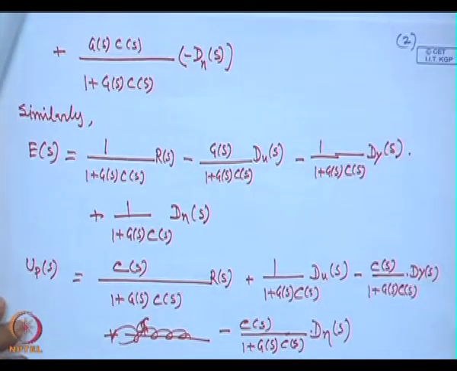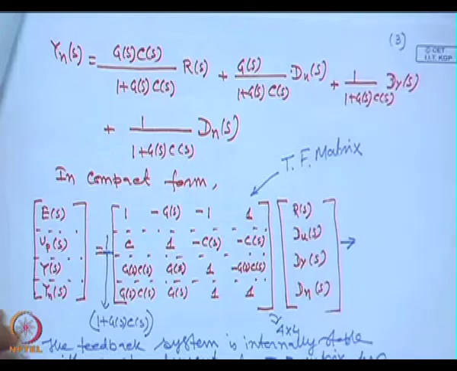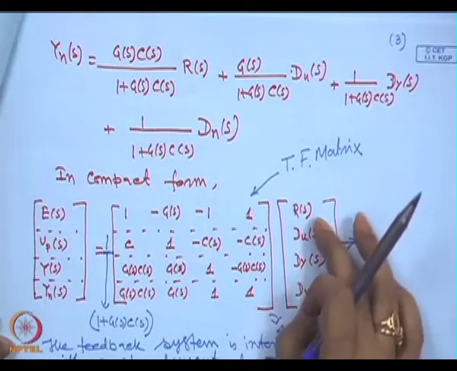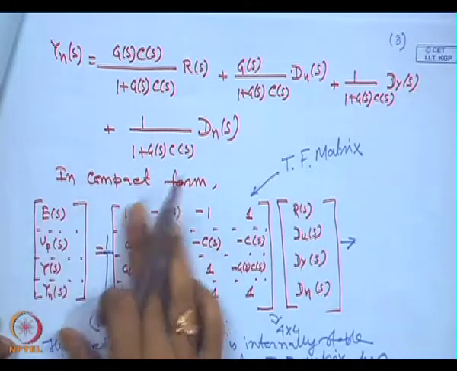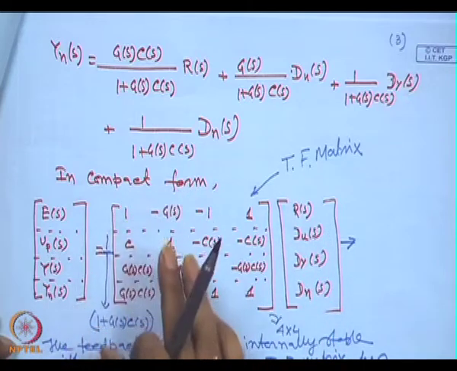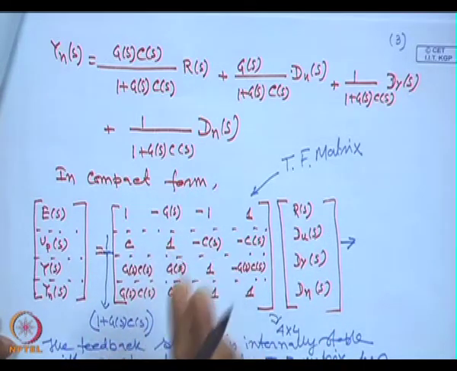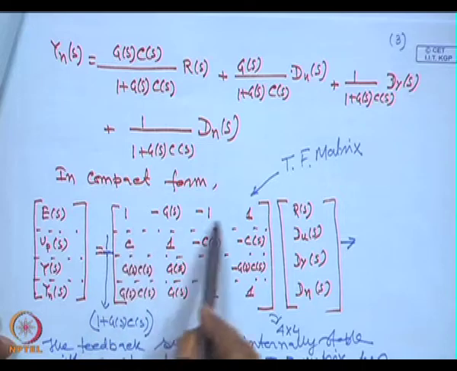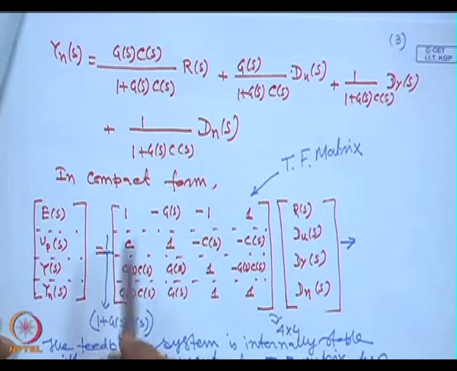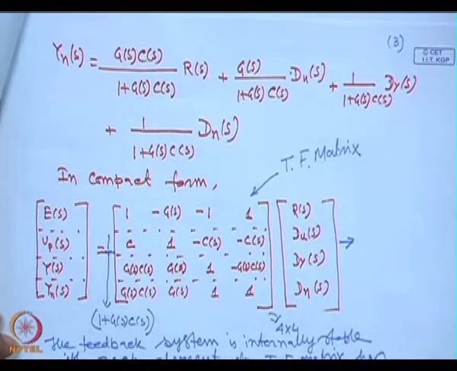With 4 inputs and 4 outputs, we get altogether 16 transfer functions, and each transfer function must be stable for internal stability of the system.